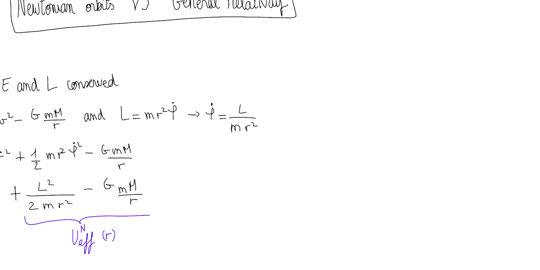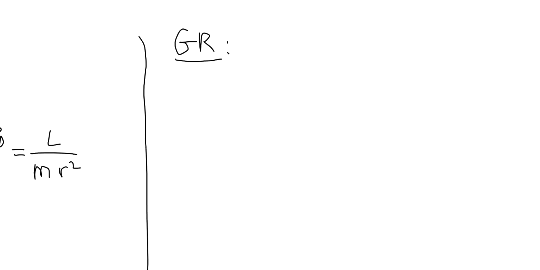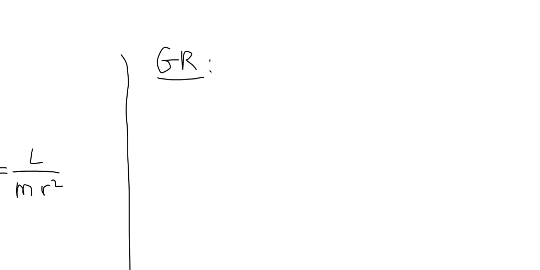So now let's look at general relativity. So still, orbits imply that energy and angular momentum are conserved. In GR, we will adopt the Schwarzschild metric.